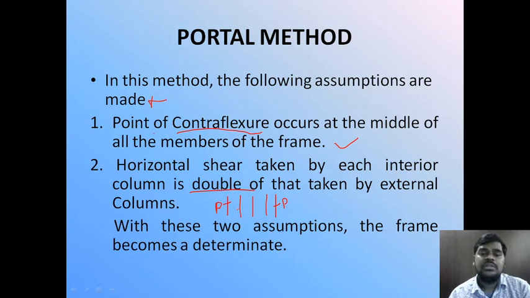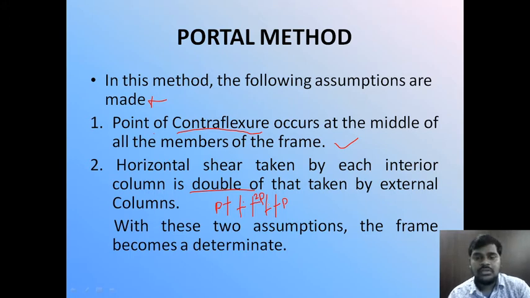So these 3 columns, 1, 2 and 3, are intermediate columns, and the horizontal shear taken by each interior column is double that taken by exterior columns. So the external columns have P, and the interior columns will have 2P as horizontal shear. For this also we have 2P, and also for this column we have 2P.